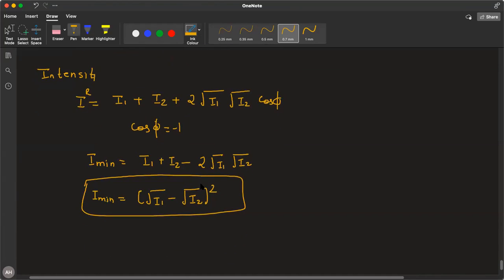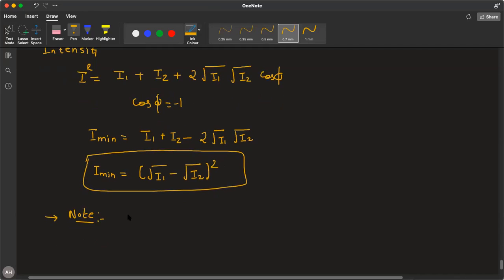Written? Yes, sir. The next thing is, in a few questions, you may be asked to calculate the ratio of maximum and minimum intensity, I max by I min. For these types of ratios, prefer the expression in terms of amplitude.